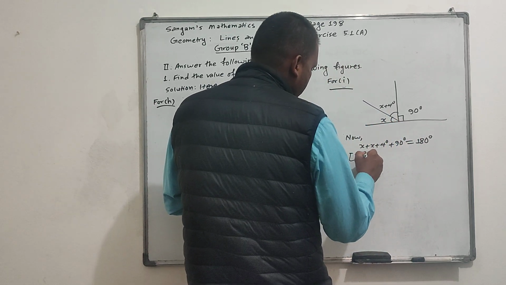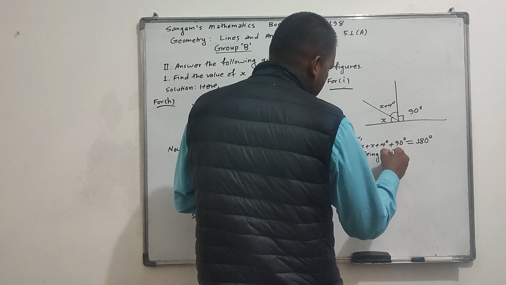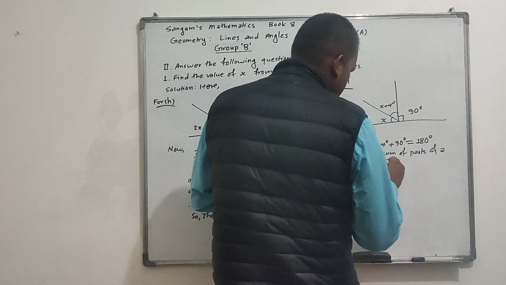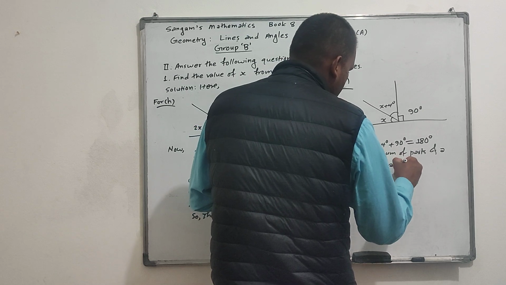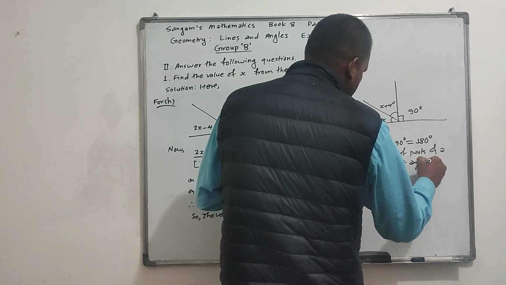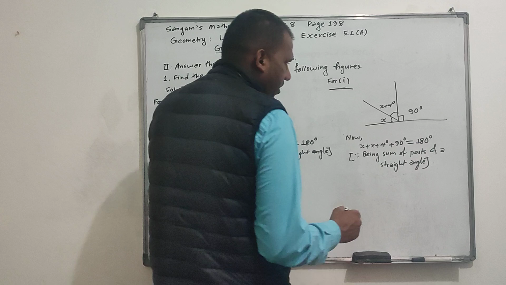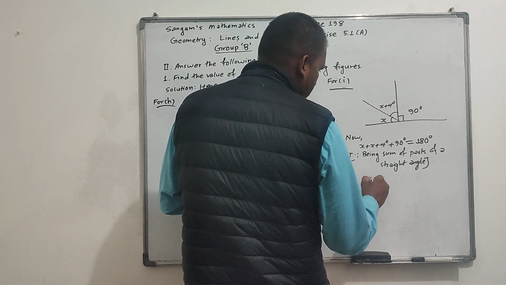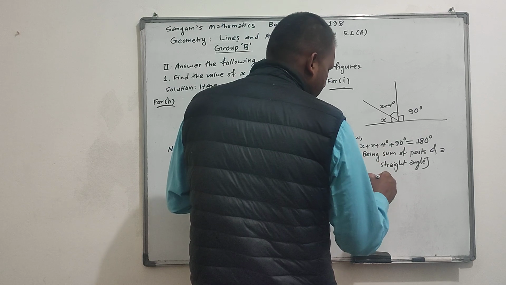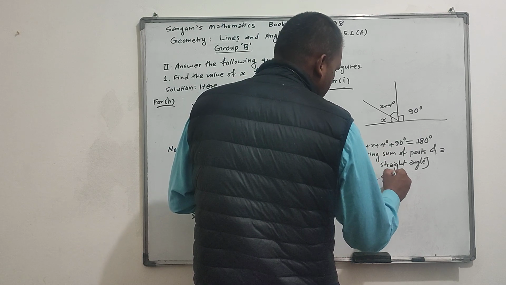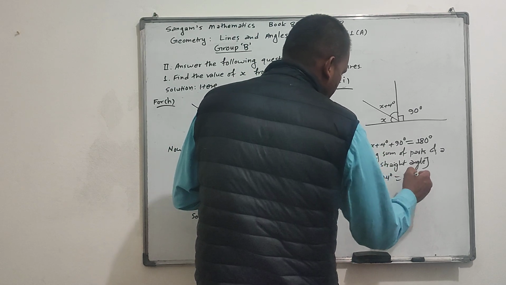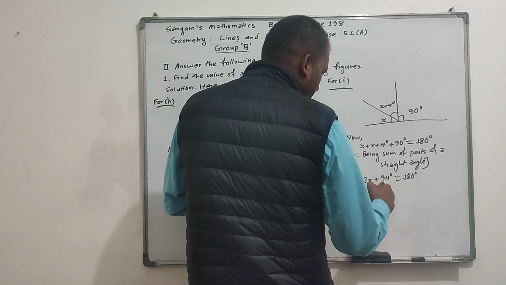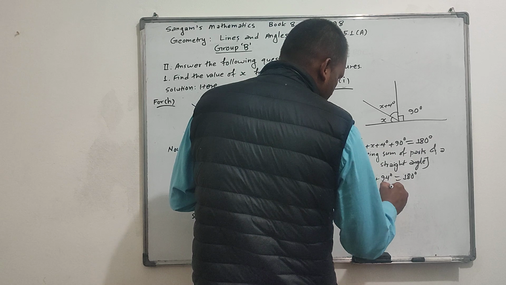Reason being sum of parts of a straight angle, or x plus x, 2x, 90 plus 4, 94, 2x plus 94 degree equal to 180 degree, or 2x equal to 180 minus 94, that is 86 degree.